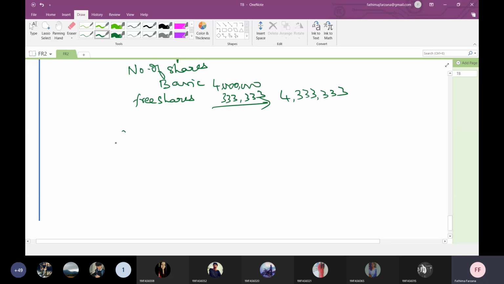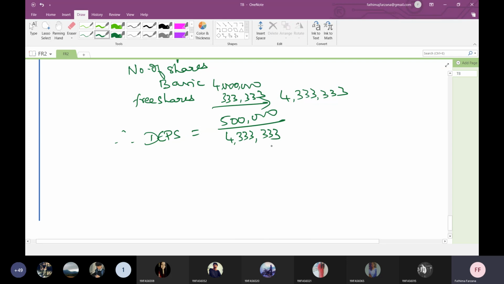Now to find out DEPS, it is earnings, that is $500,000 divided by 4,333,333. This is the diluted EPS because of the free number of shares as well as the original one.